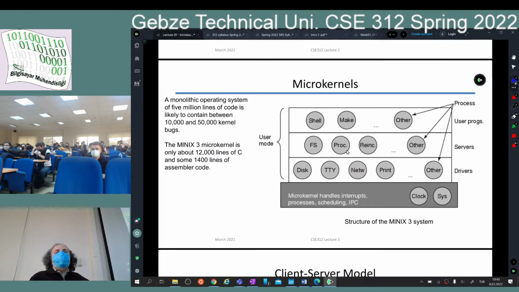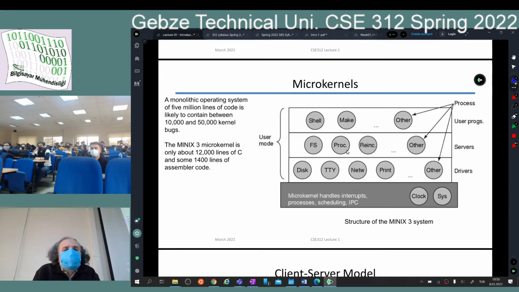Another way of organizing your operating system is this. We talked about the robustness of the operating system. If there is something wrong with the operating system's kernel, the whole machine crashes, and we are in a bad situation. We have to reboot the computer. The microkernel people say that if we keep the kernel very, very small, then there is a very small chance of crashing the whole operating system.